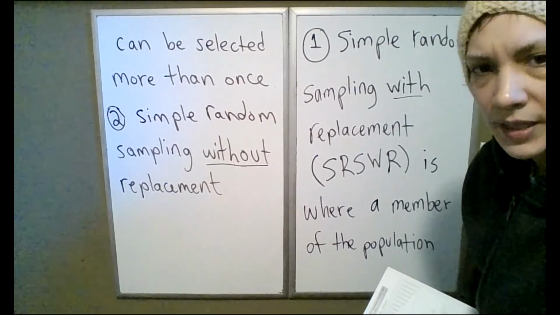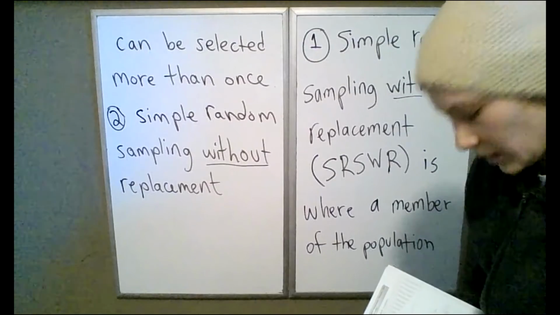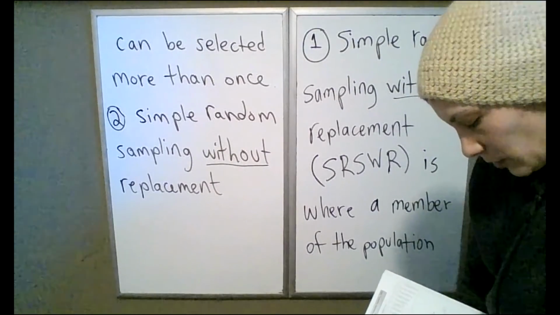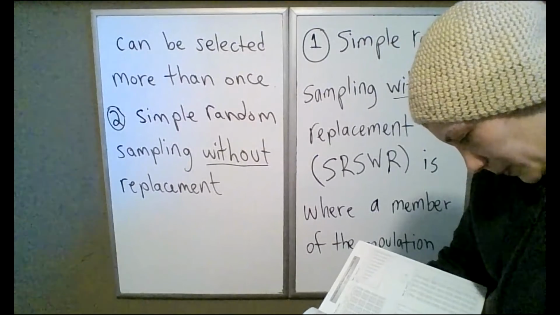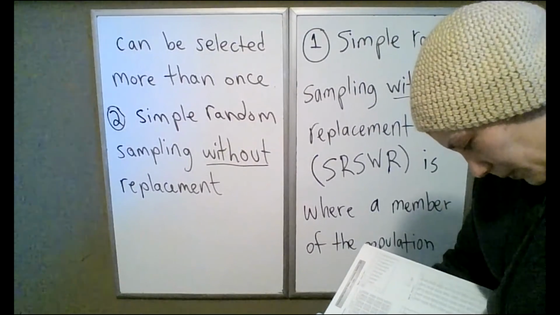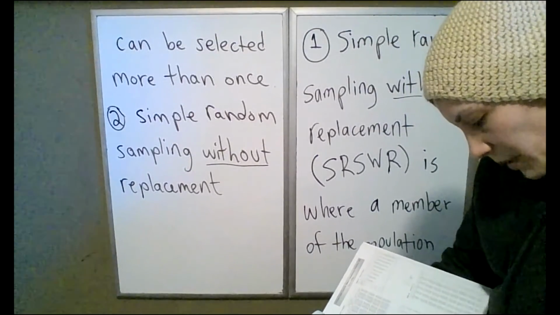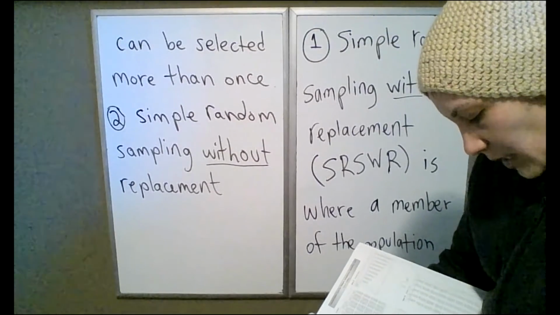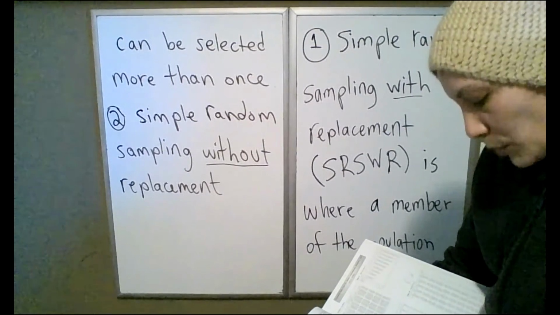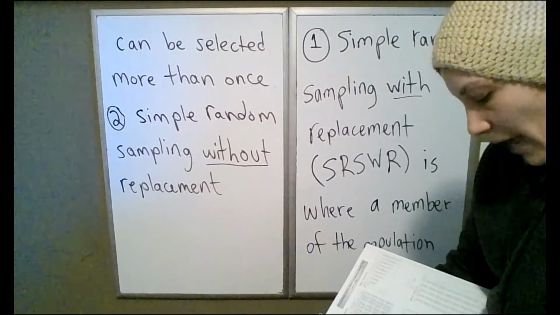Okay, we'll use SRS for this as well. And I think that's because, well, let's see. Yeah, it says, unless we specify otherwise, assume that simple random sampling is done without replacement.